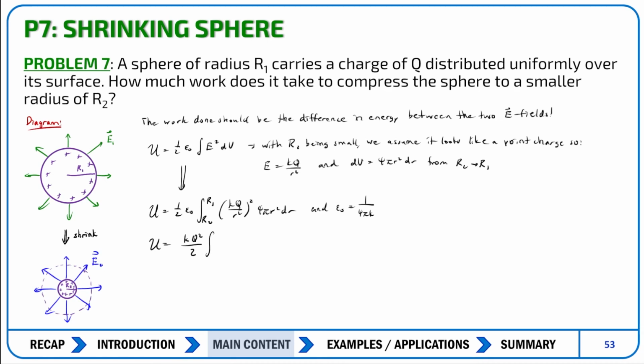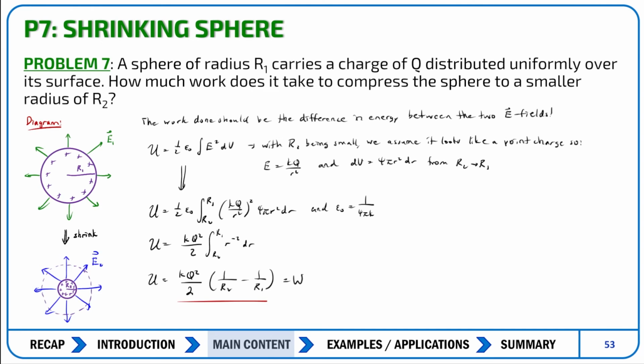We have the integral from R2 to R1 of R to the -2 dr. Then we have KQ squared over 2 times negative 1 over R as our integral, so we get 1 over R2 minus 1 over R1, which is equal to the work.